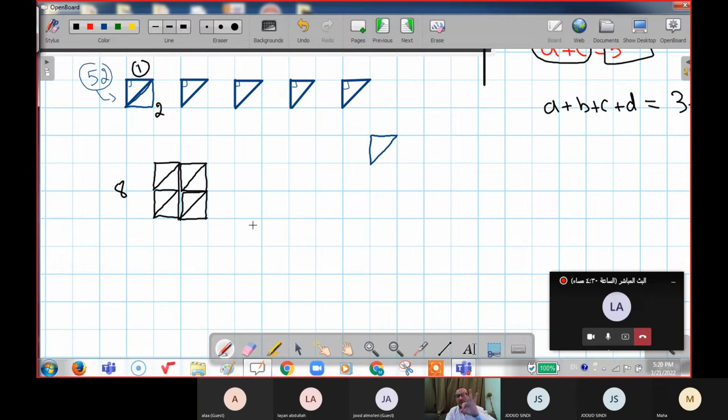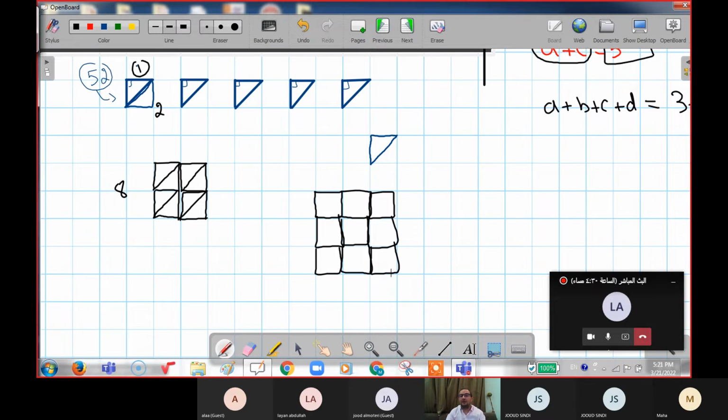If we continue to another side of the square, I will use not 2 squares. I will use how many squares, Layan? 3. So this is the first one, the second, the third, and each square contains how many triangles? 2. So I will continue the square by using 9 small squares.